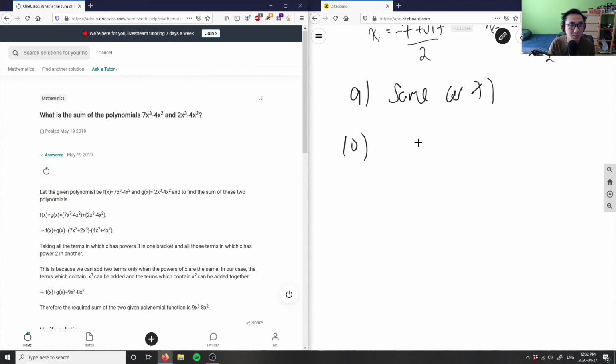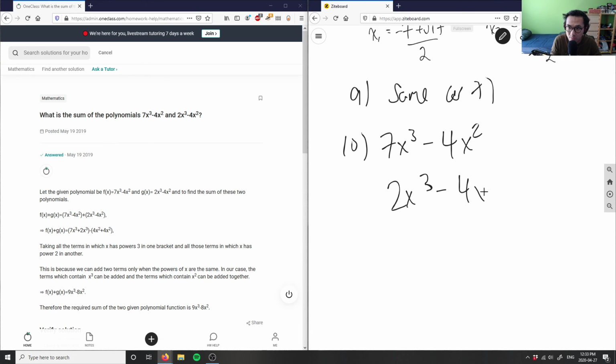So it says, what is the sum of the polynomials 7x cubed minus 4x squared and 2x cubed minus 4x squared? And it's asking us to sum these polynomials.